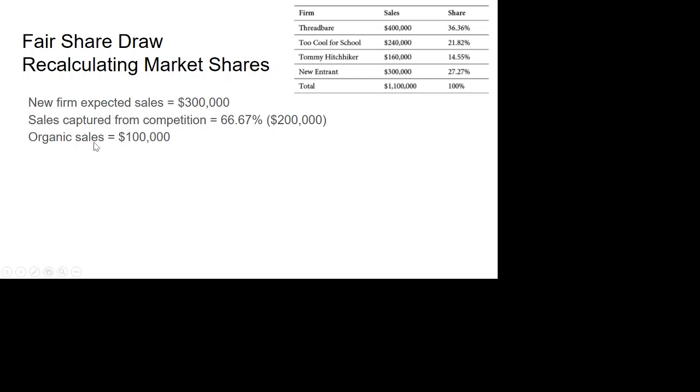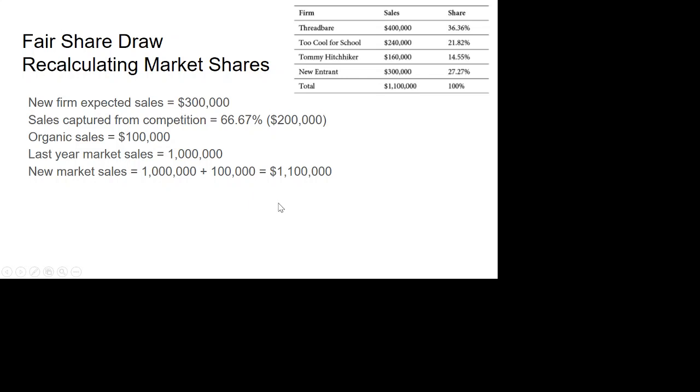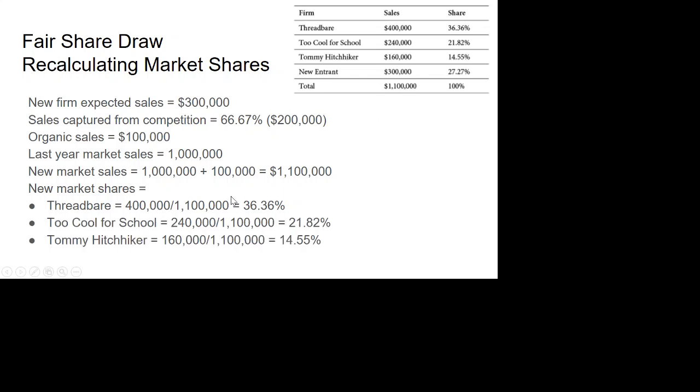That means that we're going to create $100,000 in organic sales, again, from totally new customers. Last year, market sales were $1 million. This year, we're growing it by this 100,000, so it's now at 1.1 million. The new market shares, we're going to multiply everyone's new recalculated sales figures, divide it by the new total market sales figure, so we end up with new adjusted market shares.